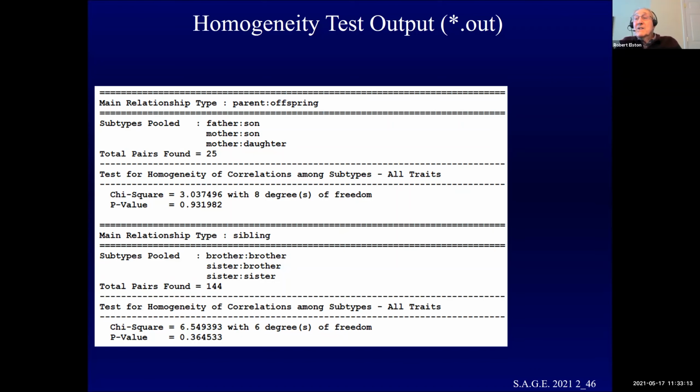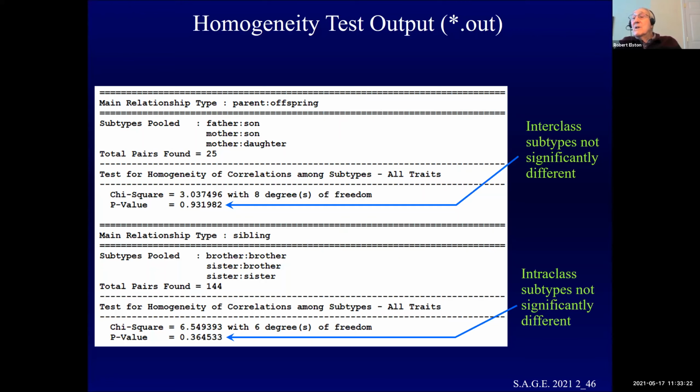And then the second one, you have a chi-square of 0.65 with a p-value of 0.36. So again, the intraclass subtypes are not significantly different.